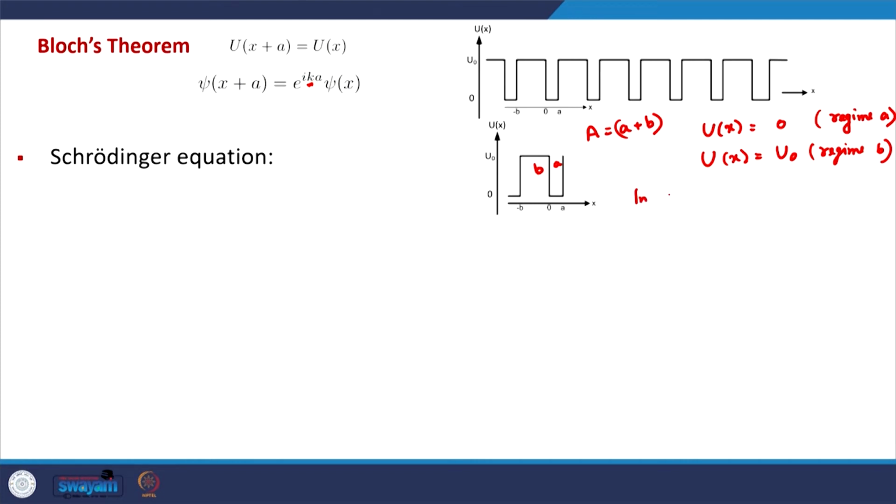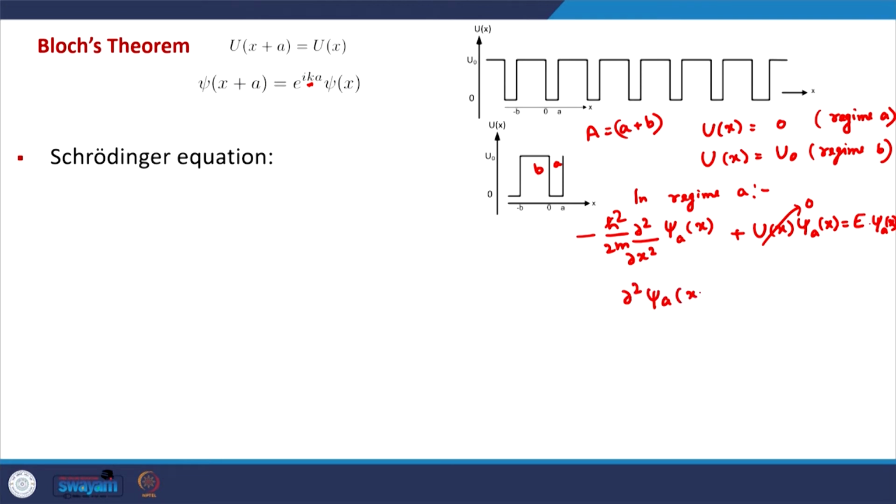So, in regime A, the Schrodinger equation would look like minus h bar square by 2m, del 2 by del x2, let us say the wave function here is psi A(x), plus U(x) psi A(x) equals E times psi A(x). But in regime A, U(x) is 0, so it would look like del 2 psi A(x) by del x2 plus 2mE divided by h bar square psi A(x) equals 0.